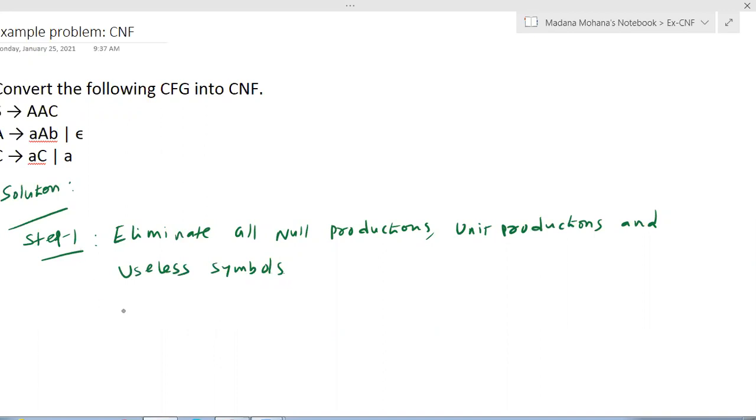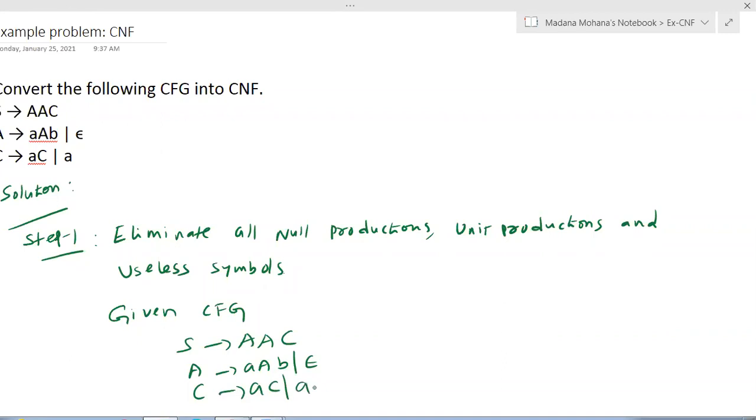So let us write the given CFG: S derives AAC, A derives AAB or null, C derives AC or A.